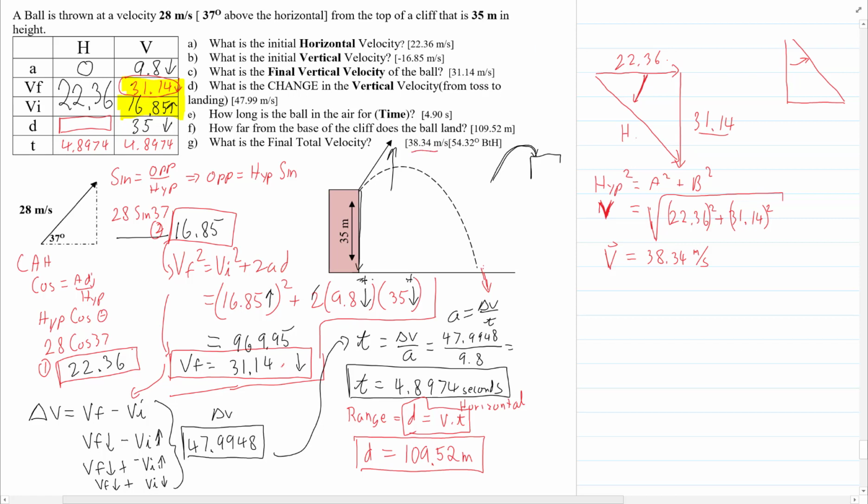Okay, yay, got that. Now we need that angle. If we have the opposite and the adjacent, then we use the tan. The tan is going to be the opposite over adjacent. But we want that angle, so the angle is going to be the inverse tan of opposite over adjacent.